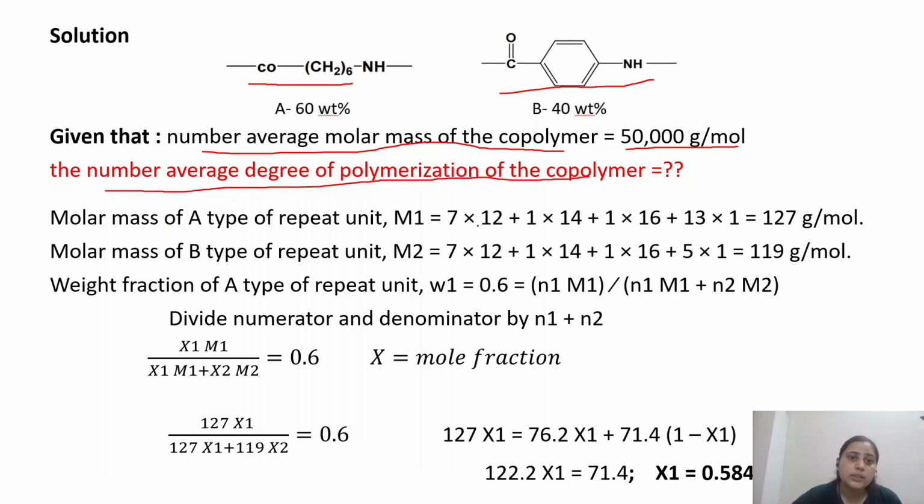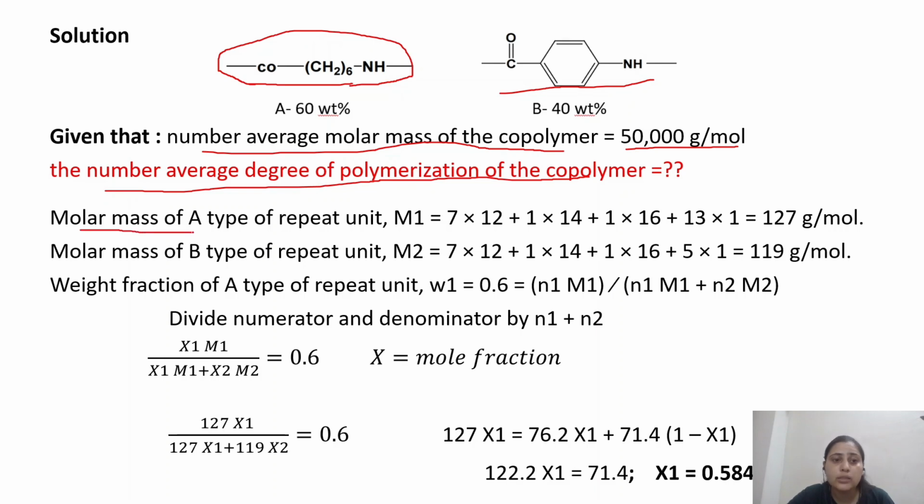Since we already know the structure of the A type of repeating unit, we can easily calculate its molar mass based on the structure and the different atoms in its monomeric unit.